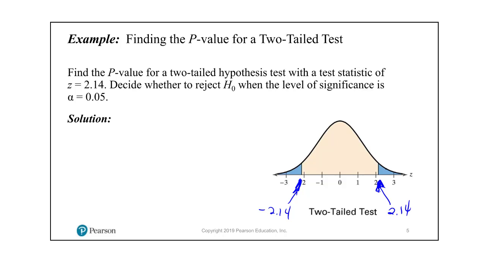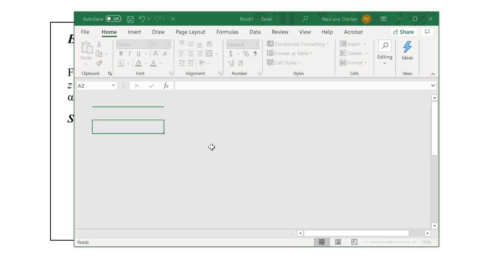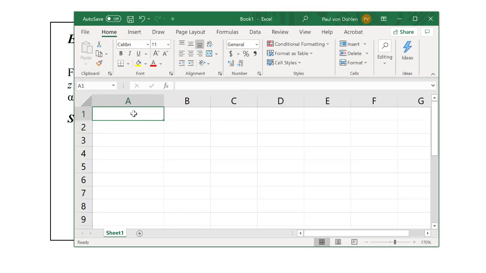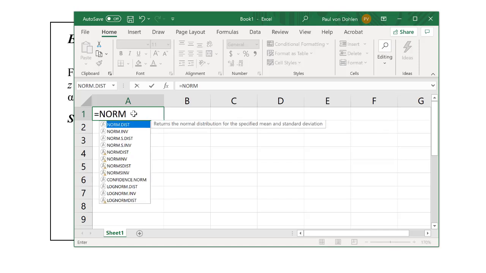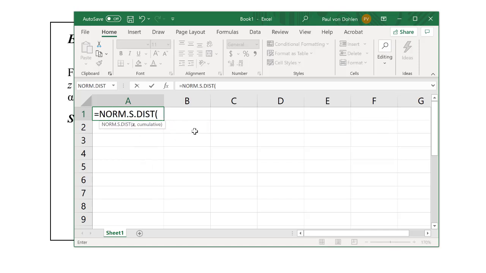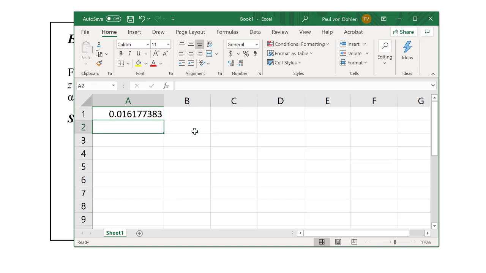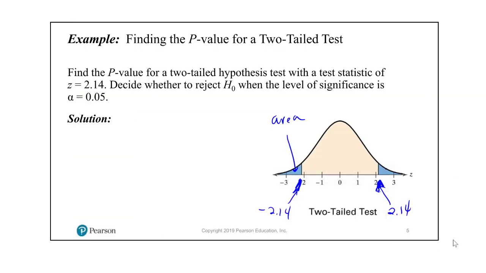This specific area would be what I would get from looking up the area associated with a z of negative 2.14, which would be 0.0162.